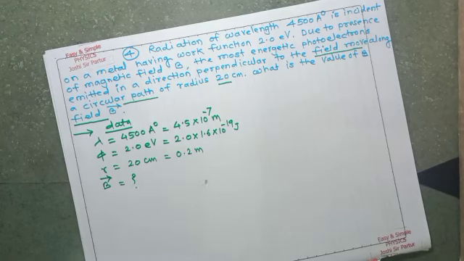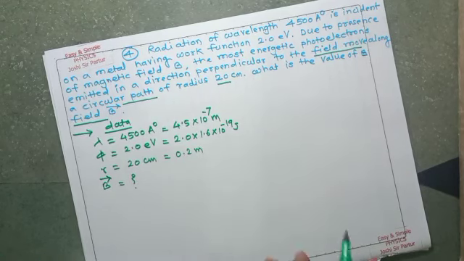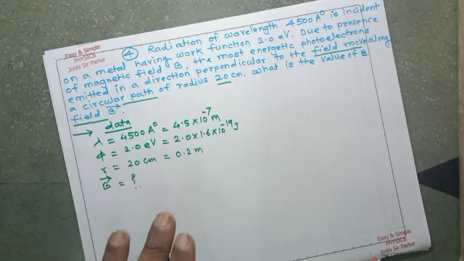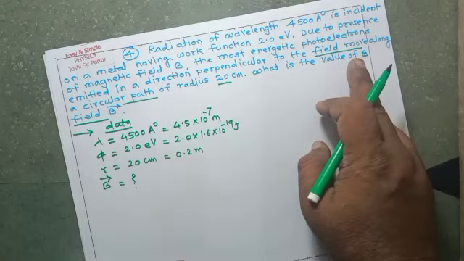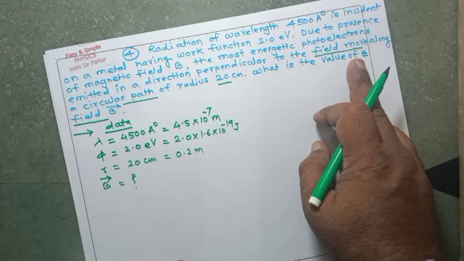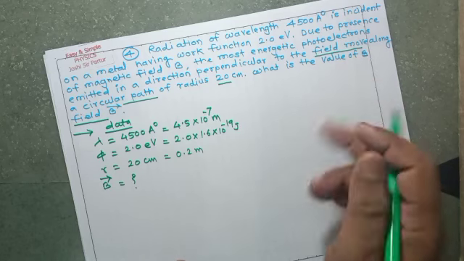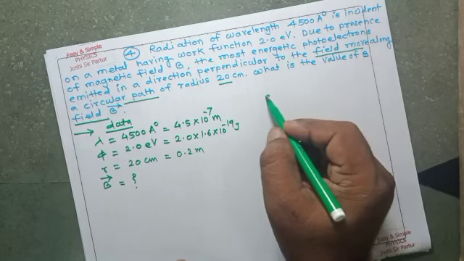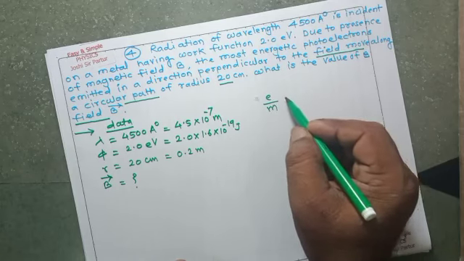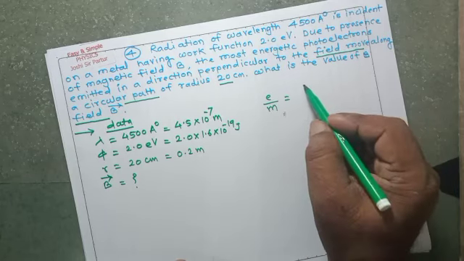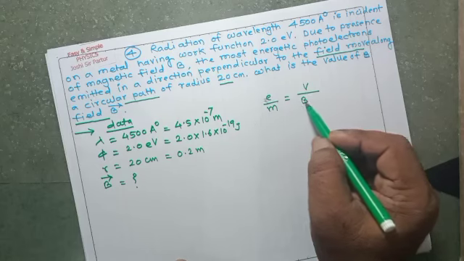So first of all we know that for the most energetic particle, photoelectrons are emitted in the direction perpendicular to the field along the circular path of radius r. So we know that the formula will be e upon m is equal to V upon Br.